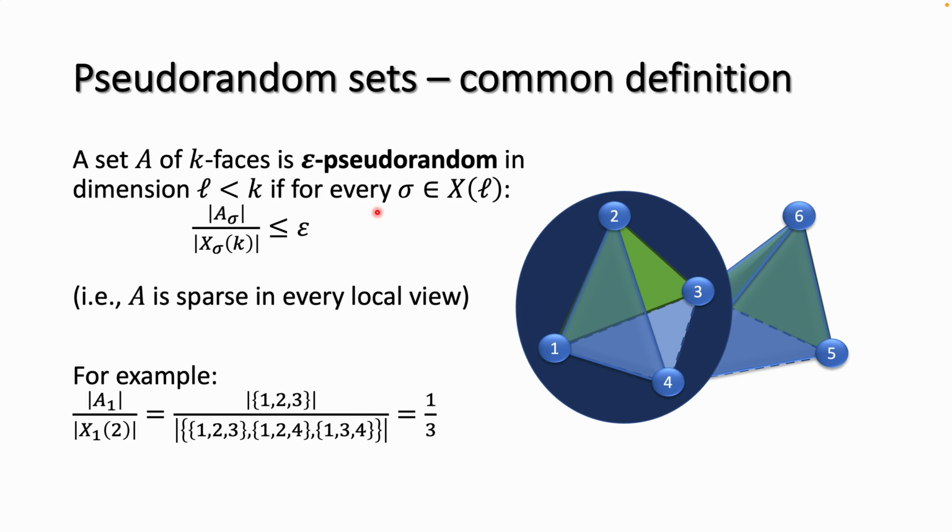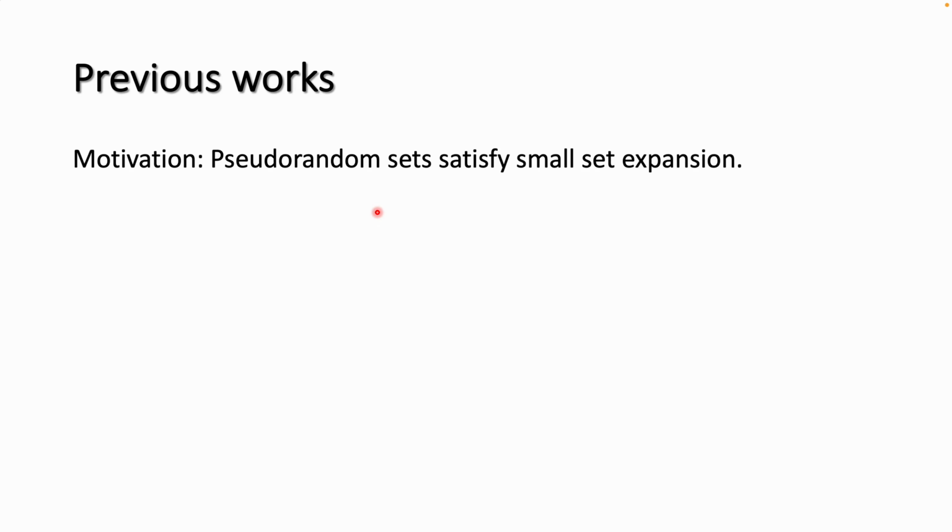So why are pseudo-random sets important? Why do we care about pseudo-random sets? The main motivation comes from previous works, showing that pseudo-random sets basically satisfy a sort of small set expansion. If we look at small pseudo-random sets, they expand very, very well.